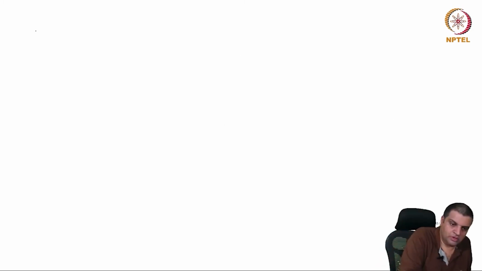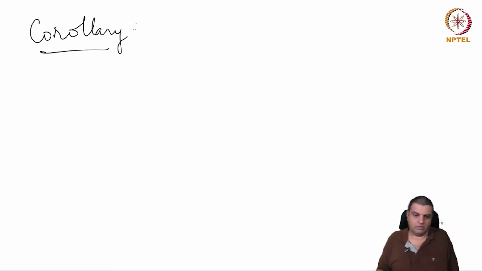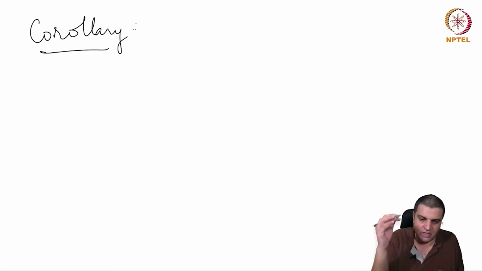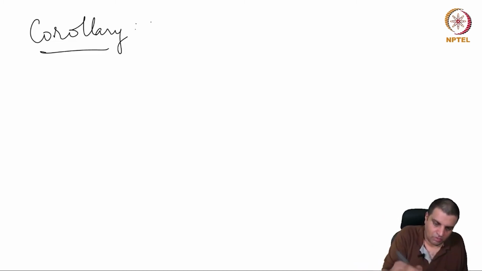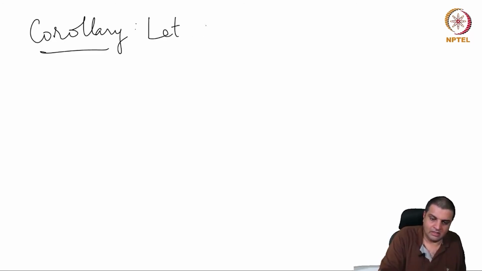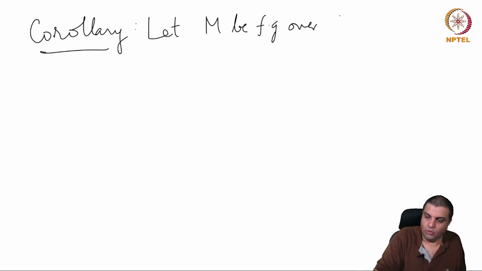Just one more corollary. So this is another application of the same result. It's just a variation of Nakayama's lemma, or we can call this Nakayama's lemma then. Okay. So let M again be finitely generated over local ring (R, m).